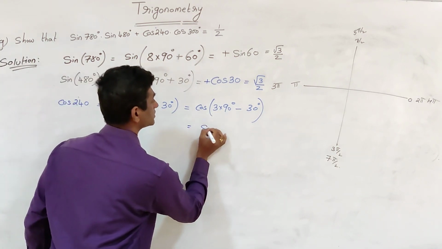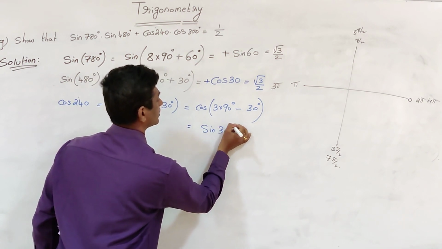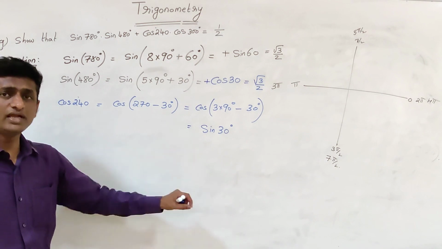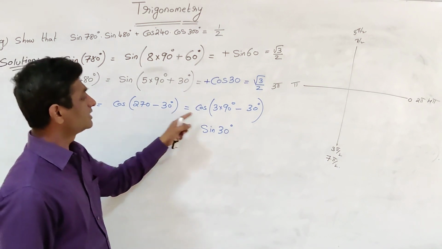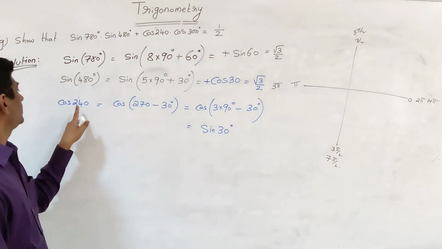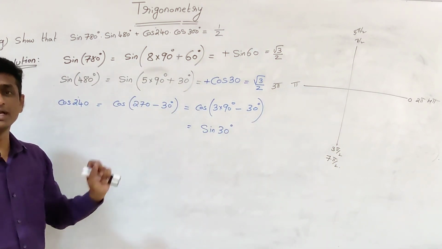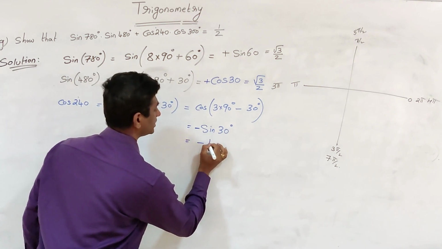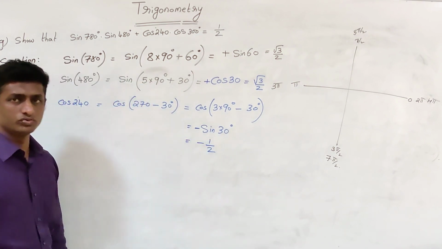That is sine 30 degrees. But what type of sine? It will be negative sine. Why? Because 270 minus theta is an angle that lies in the third quadrant. In the third quadrant, cos should have a negative sign. So it will be minus sine 30, minus 1 by 2.